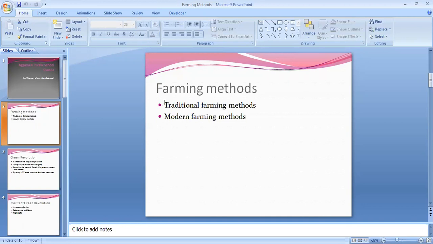First, we are discussing traditional farming methods. These are the methods which were used by the farmers before the Green Revolution. Traditional farming methods include practices which Indian farmers have been using for many generations. In this, farmers use a pair of bullocks for plowing the field.